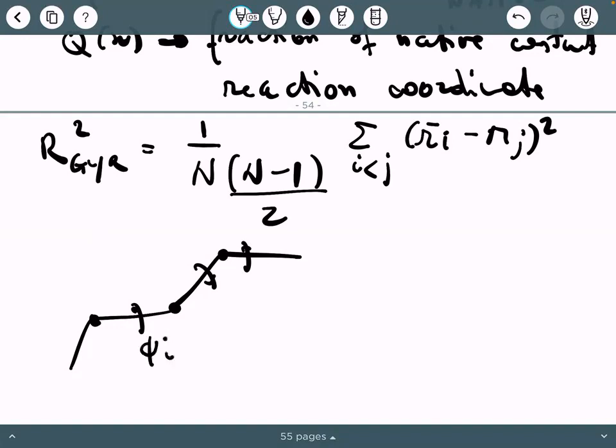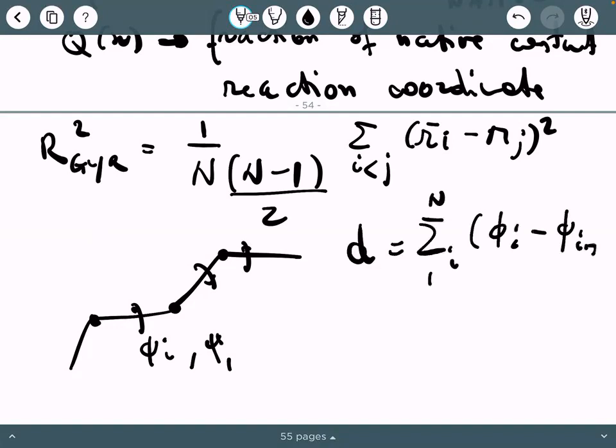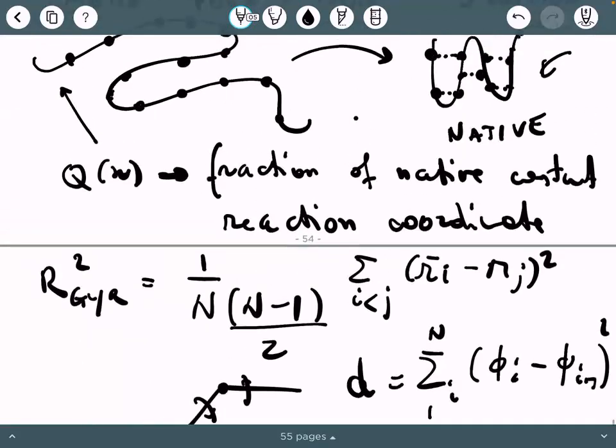You can define 2 per bond, and you could say the distance could be the sum over the n dihedral angles of the distance between dihedral angles. I don't know, something like this.